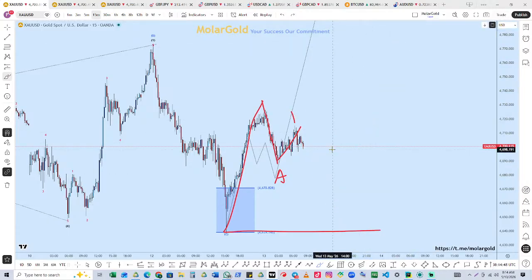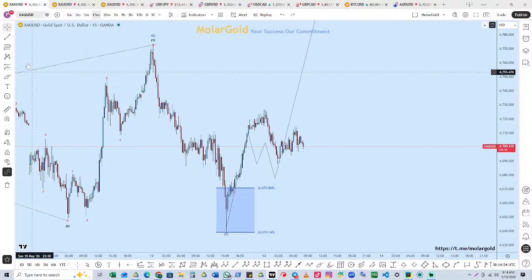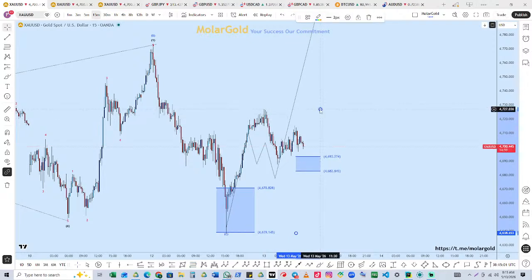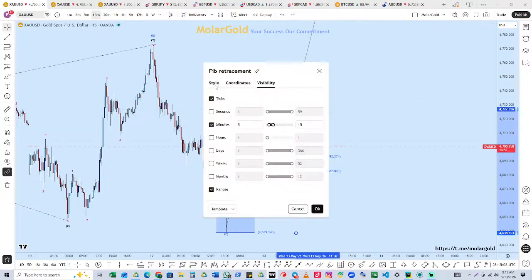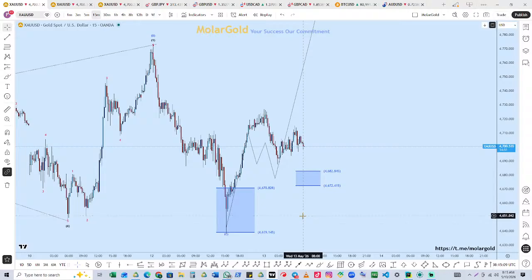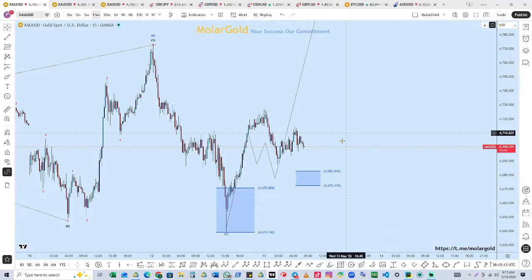Now I'm going to show you all of that in simple terms. So let's first pick the Fibonacci retracement tool, and then we are going to find the retracement. So finding the retracement, we need at least 50 and 61.8 for price to get into that, right? And yesterday I drew something like this for you guys.